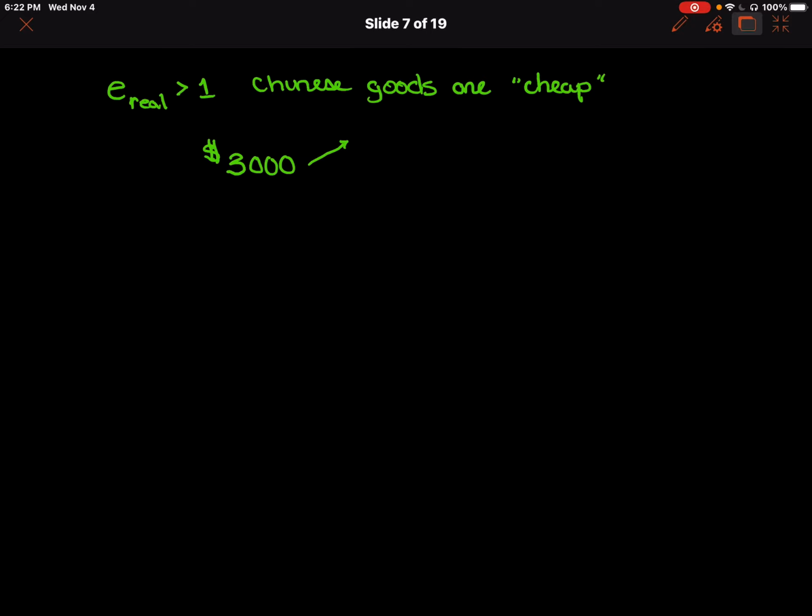we could take that, of course, and buy 1 ton of US steel. But given that the exchange rate is 7 yuan per dollar, we can take this $3,000 and get the exchange rate times 3,000 as yuan.